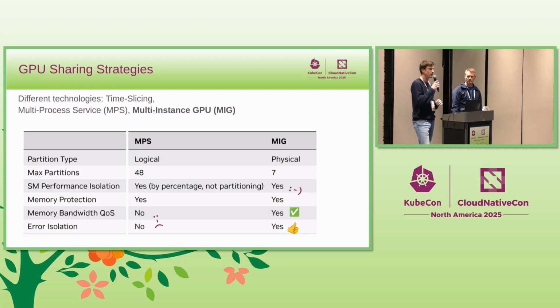Especially in multi-tenant environments, or when bad actors might be your neighbor, consciously or not, MIG partitioning is just the more sane technology.